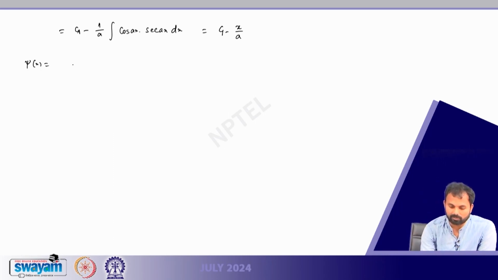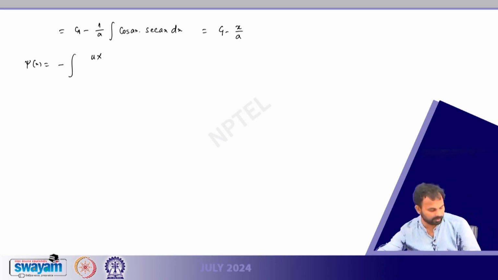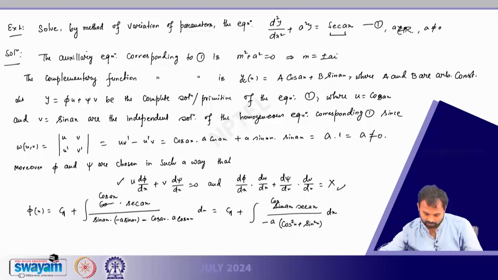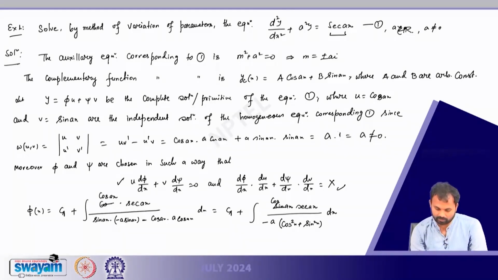So, psi of x will be minus of integral, the formula says capital U, just a minute, let us go back to the previous slide. So, I think for phi we will have sine itself, no?